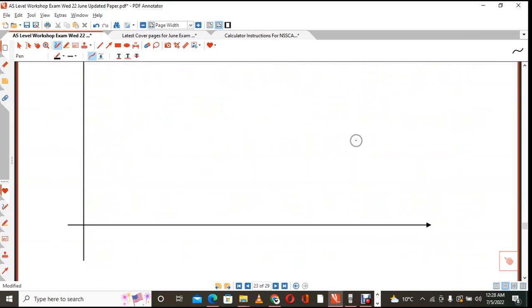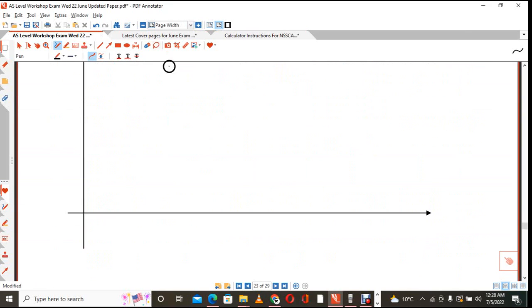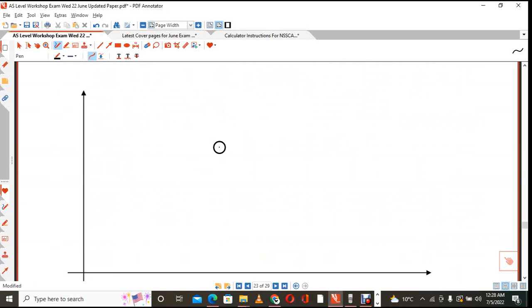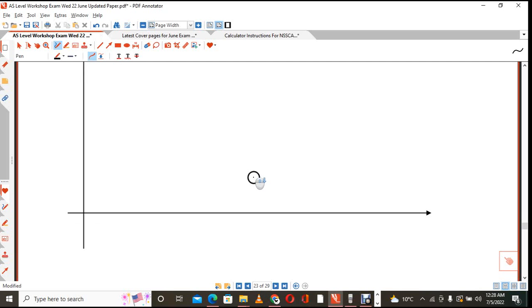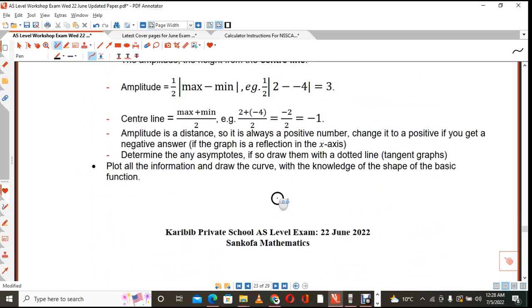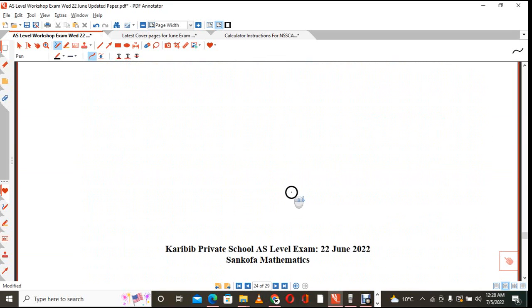Now we get to question 15, which is also our last question in this series. What they're asking us here is to sketch the graph.